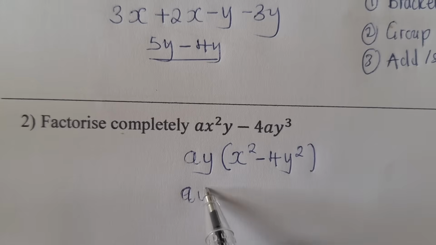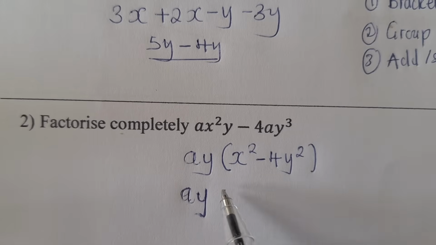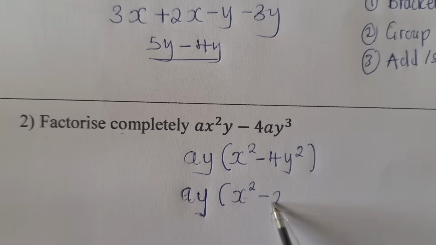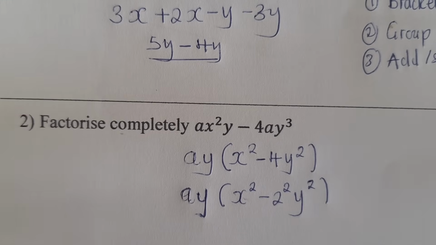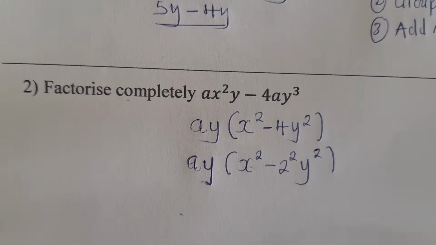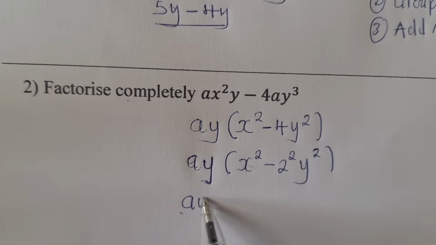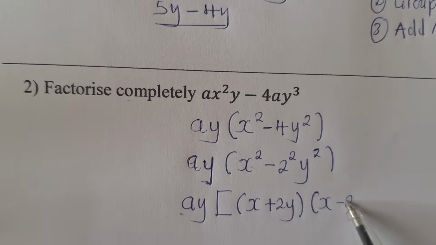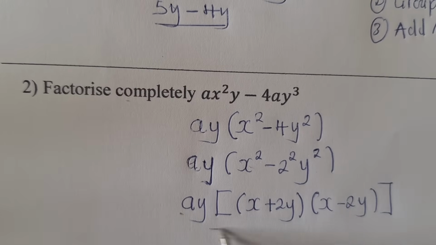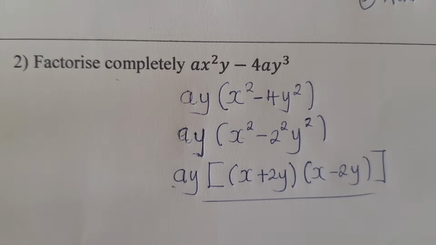We shall have ay, and then open bracket, x power 2 minus 2 power 2, y power 2. And from here, ay is common, and then you open bracket, and here we shall have x plus 2y, close, x minus 2y. This is what we call difference of two squares.